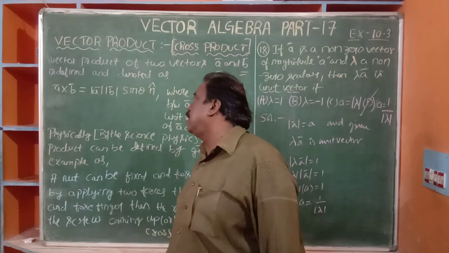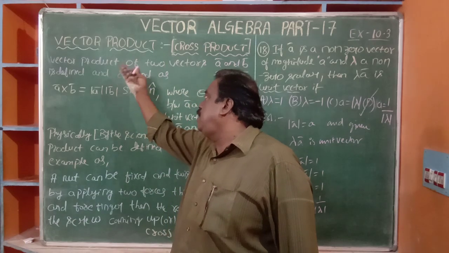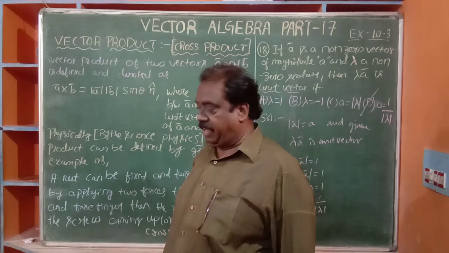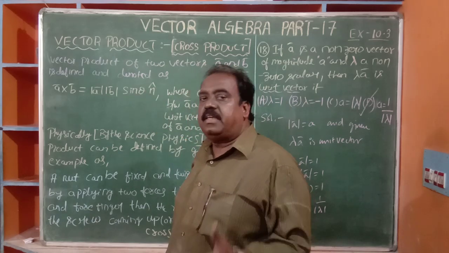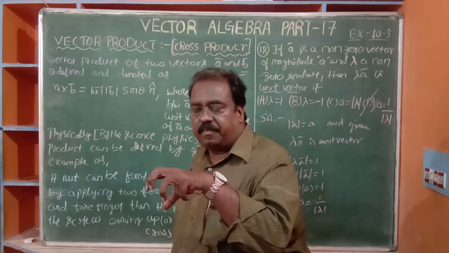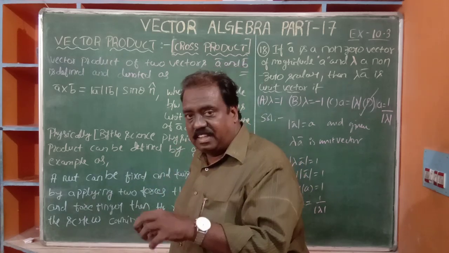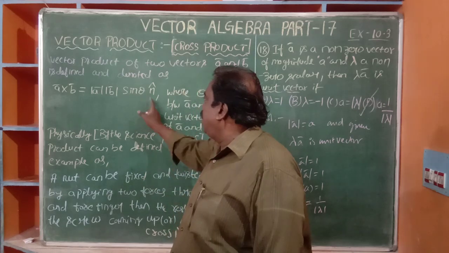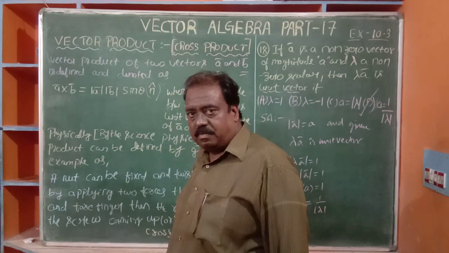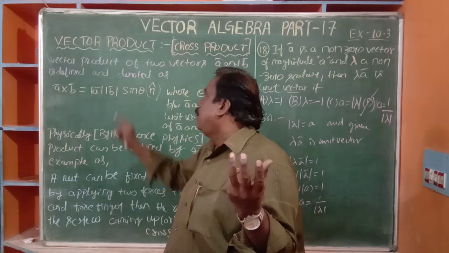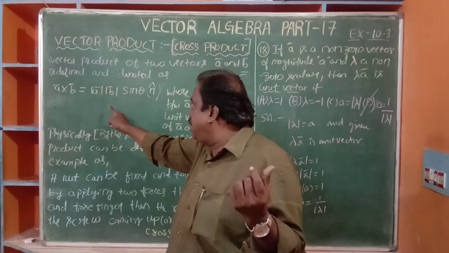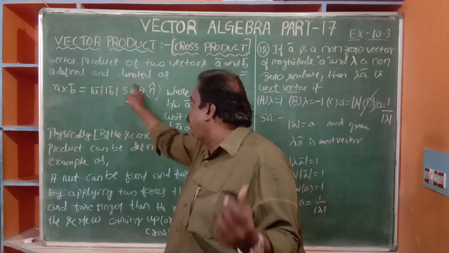A bar cross B bar is equal to mod A bar, mod B bar, sin theta, n cap. In the case of dot product, mod A bar, mod B bar, cos theta is there, but here it is sin theta.